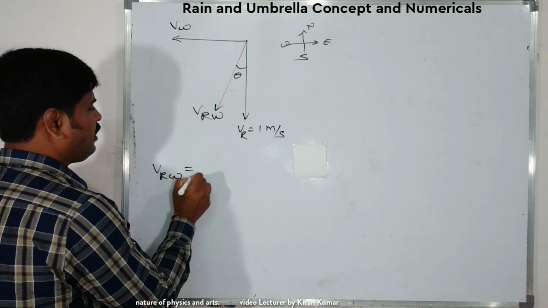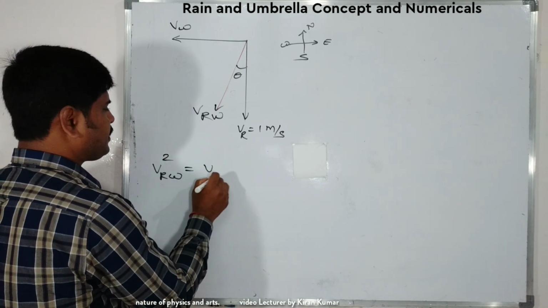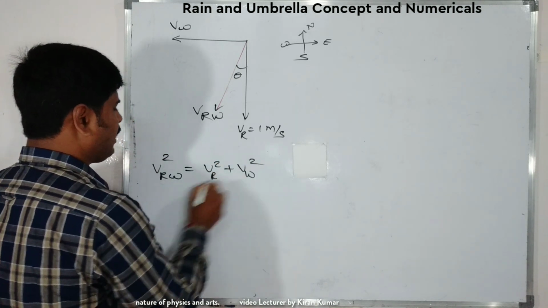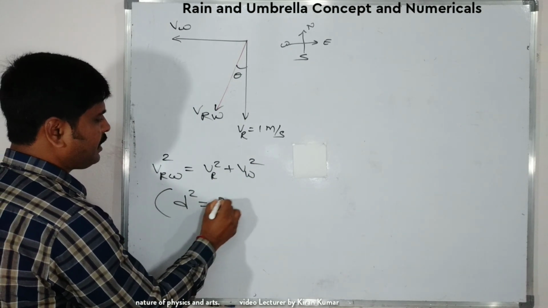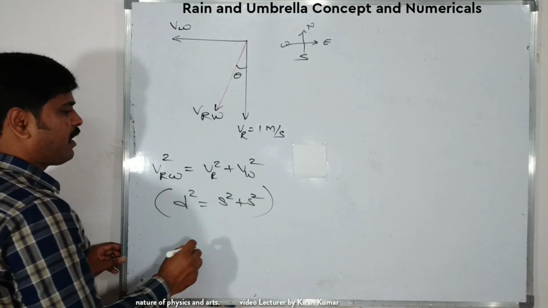VRW equals the square root of VR squared plus VW squared, from the diagonal squared equals side squared plus side squared formula.